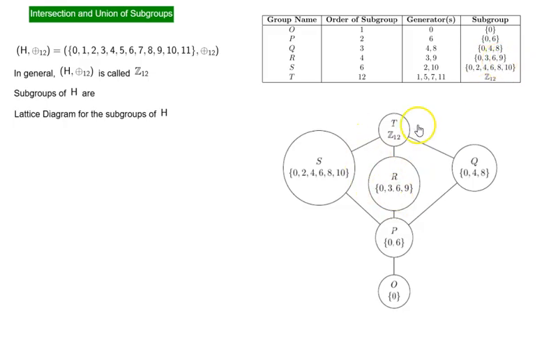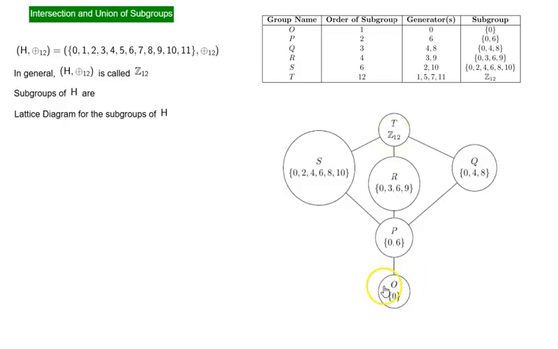So we are combining them into the lowest generator. So if 4 and 8 generate the same subgroup, we show it as 4. Here, remember, this T is the entire group itself.